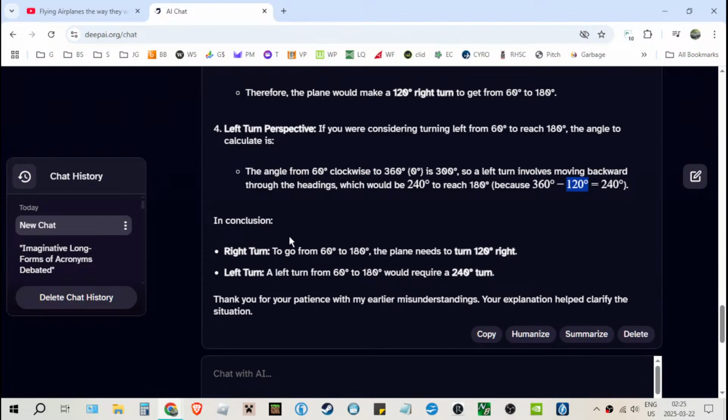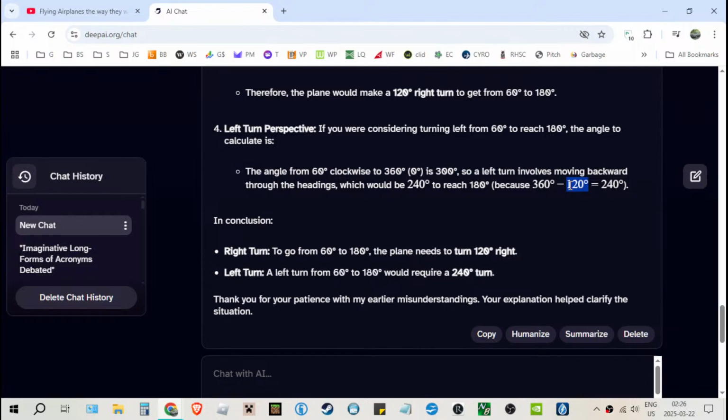In conclusion, no, it would have... No, because 360 minus 140 would be 220. And that doesn't make sense, to do fewer degrees of change by adding 20. So we need that to be 260.